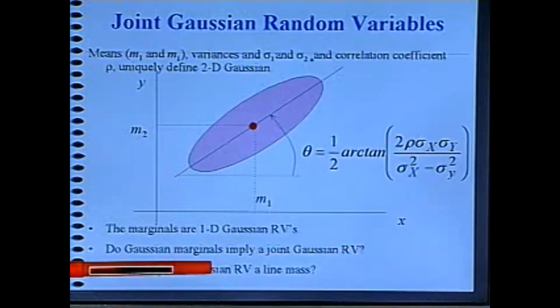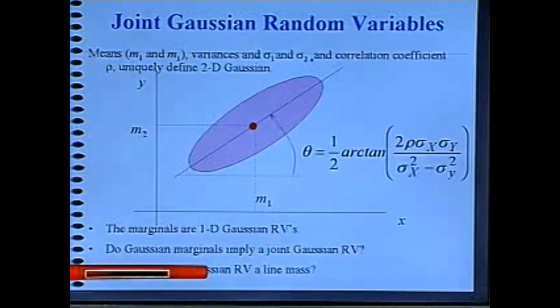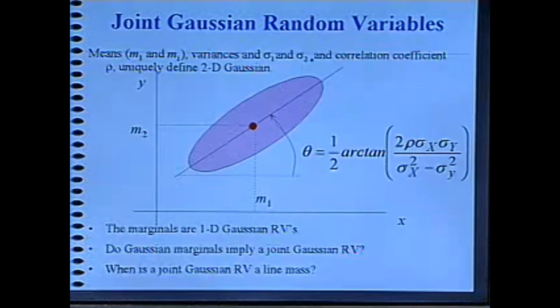In fact, there's a class of time frequency representations like spectrograms that are named after Cohen. And he asked the question, in a lecture, if we have Gaussian marginals, does this mean that the joint random variable is Gaussian?